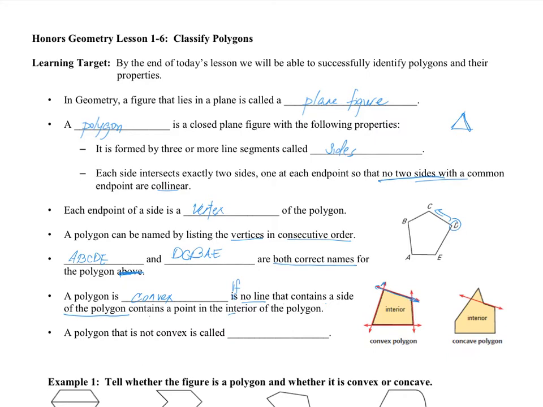So if I draw these 4 lines, they will never contain any points inside the polygon, versus a polygon that is concave. If you have a concave polygon and you draw a line through this side, as you can see, you have points intersecting the interior of the polygon, and we don't want that. That will be considered concave.